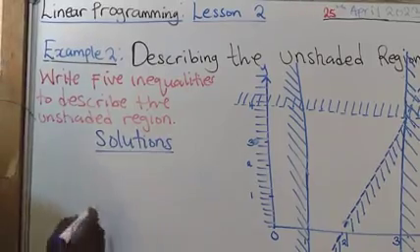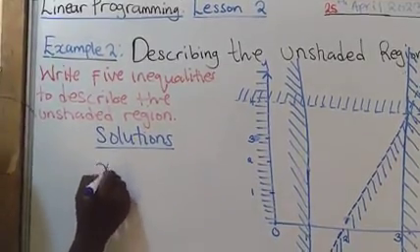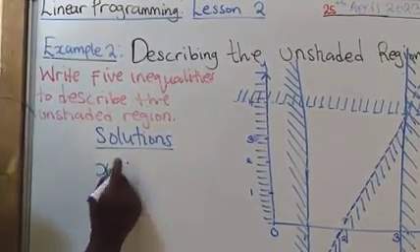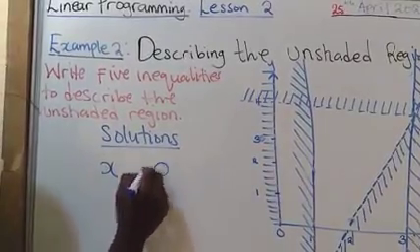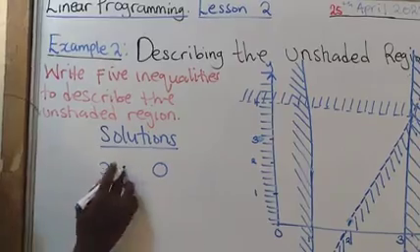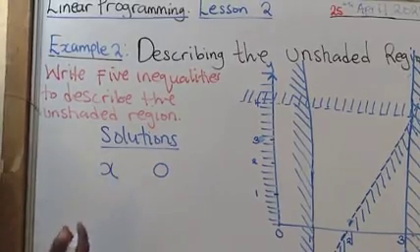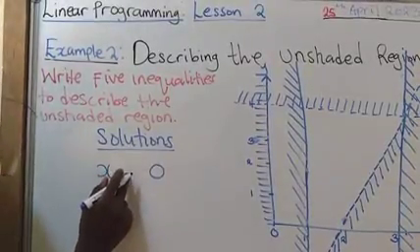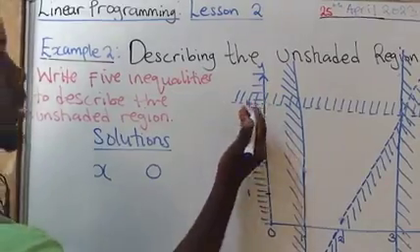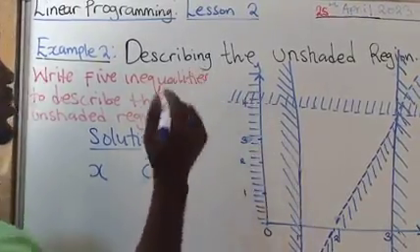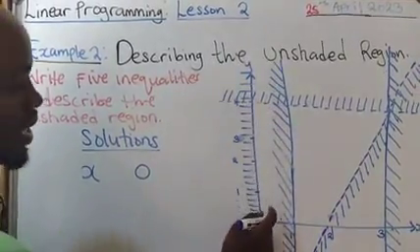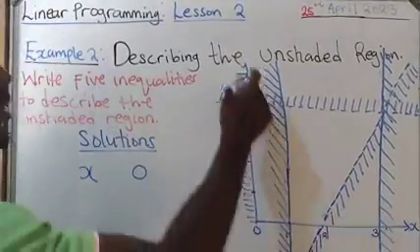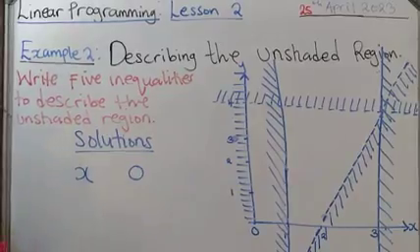So if you know that, you are going to write like this, x, then here you leave space, you write 0. So why am I leaving space? I want you to be able to understand which type of inequality you are going to put here. Looking at where it's shaded, and remember what I said, this is a solid line, so it should be equal to.